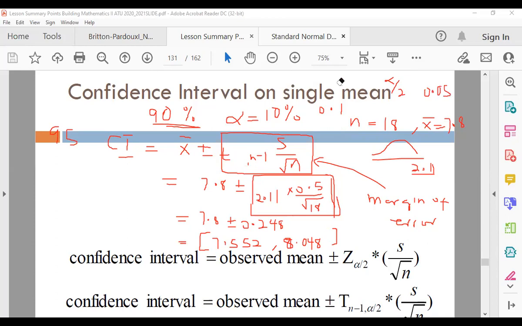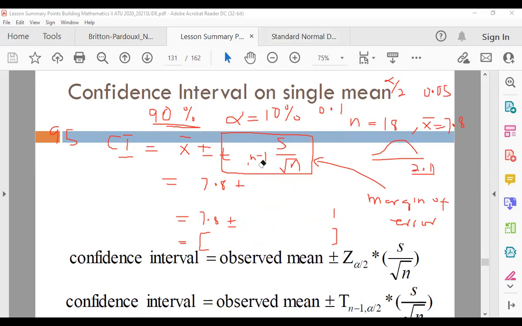So when you are reading this for a small sample size scenario, let me clean this whole section. This time you'll be reading t with 0.05, not 0.1, because it is alpha divided by 2.